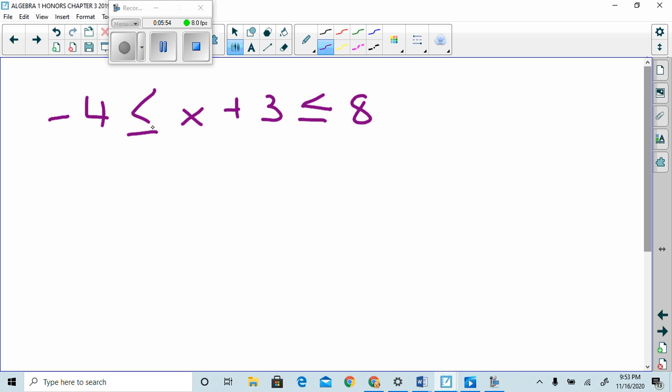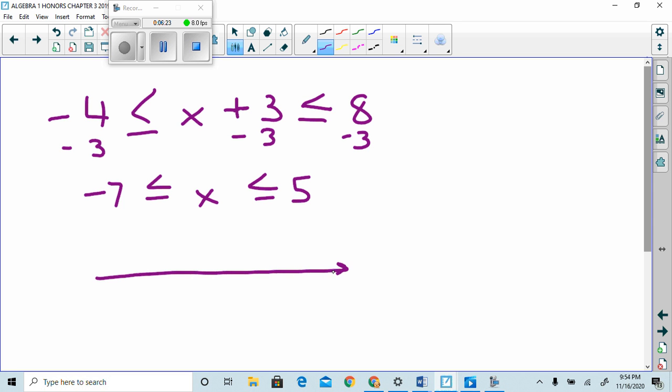Okay. Again, I see that I have two inequality symbols and an expression in the middle. My goal is to isolate x. If you like working it as all three parts at once, you'll see that we have to subtract 3 on all parts. -7 is less than or equal to x. I've isolated x, which is less than or equal to 5.